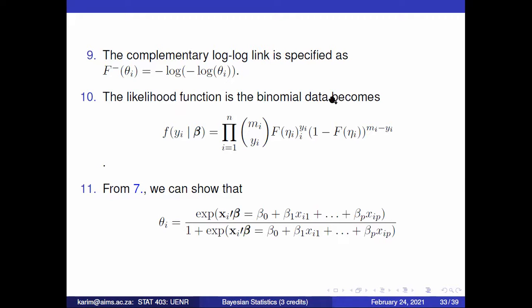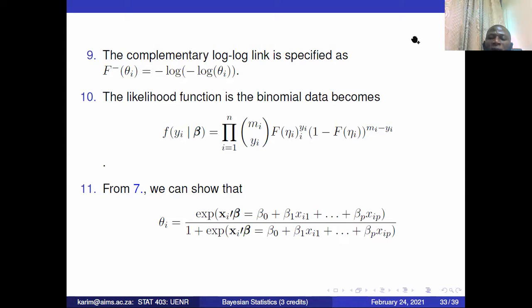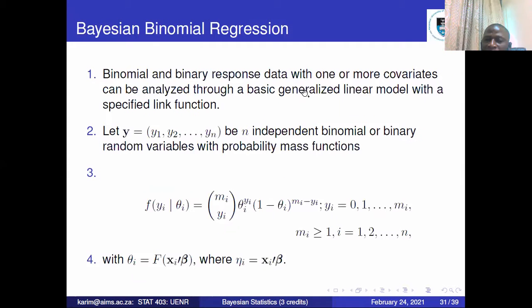And to define the posterior distribution, we need to know the likelihood function for the data, and then also the prior distribution for the parameters in the likelihood function. So in general, rewriting the binomial formula that we have here, theta is now in the form of the parameter estimates.